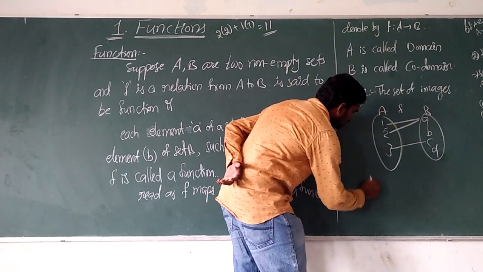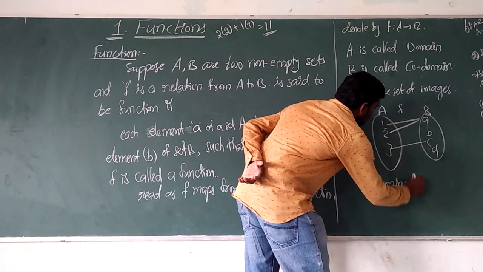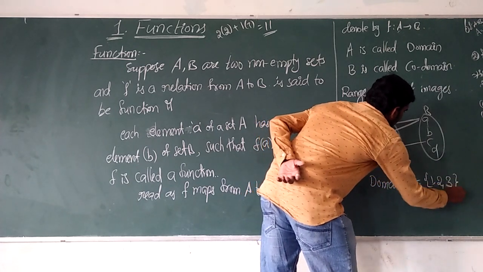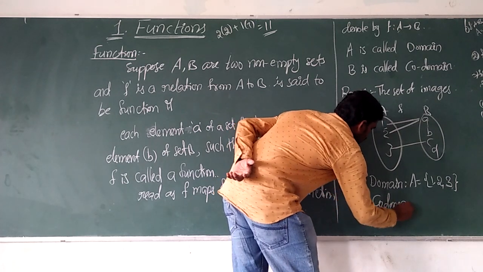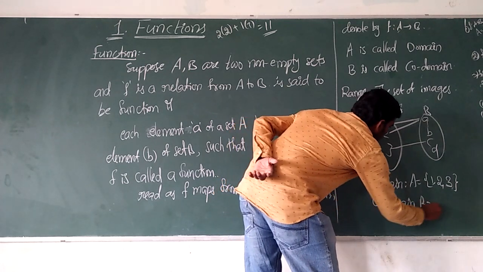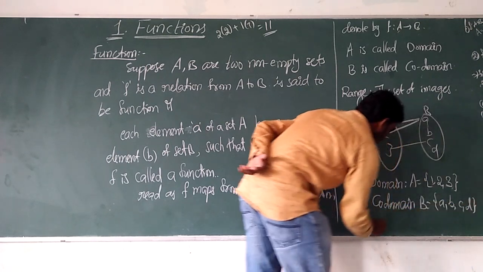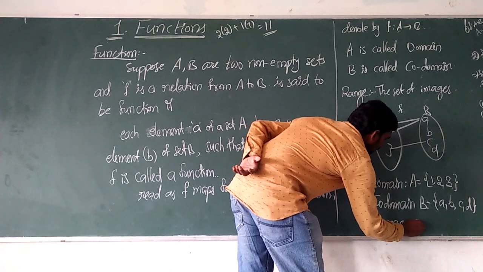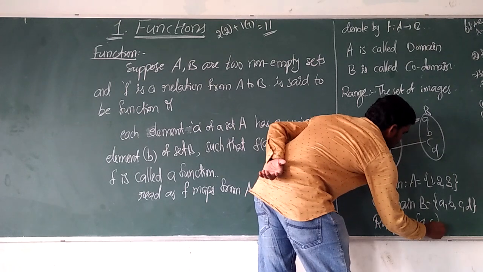For this function, what is domain? A, that is the set of 1 comma 2 comma 3. And codomain is B, A comma B comma C comma D. And what is range? Range is nothing but small a comma small c.